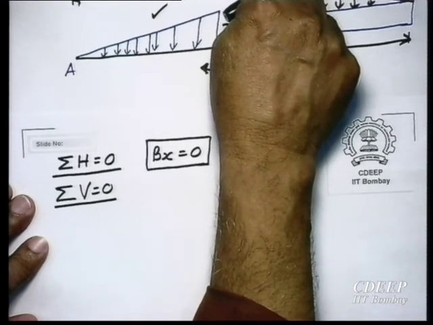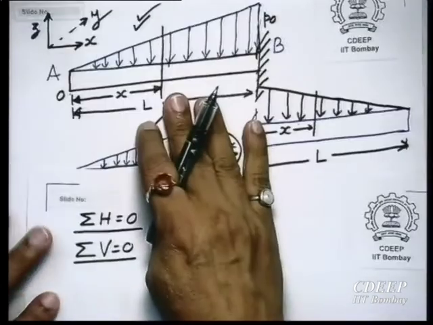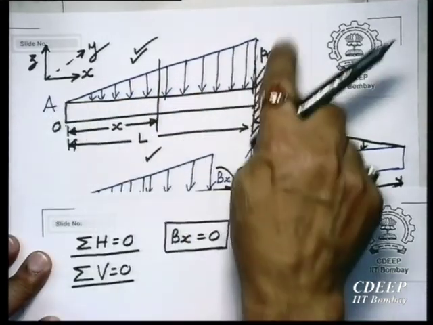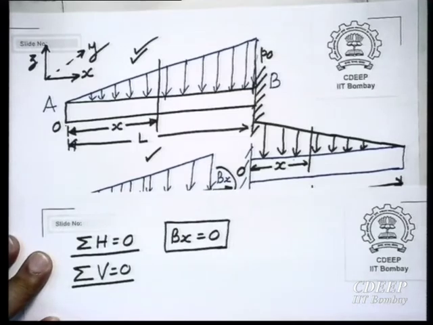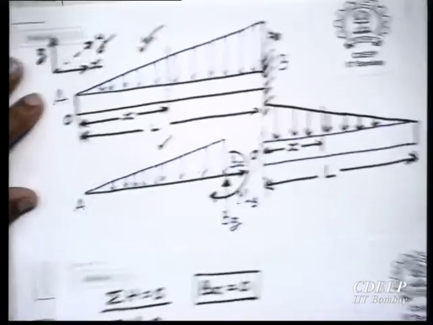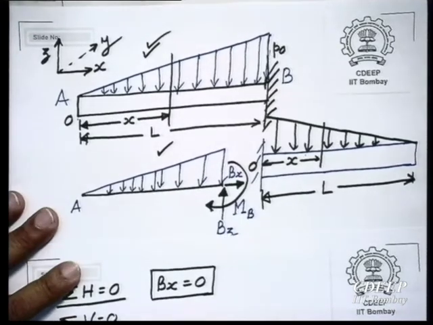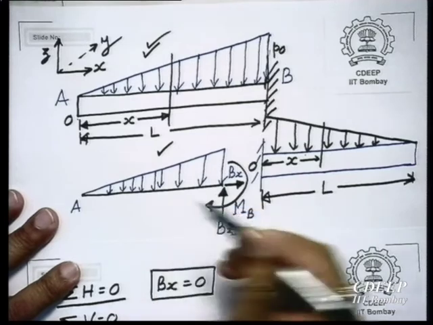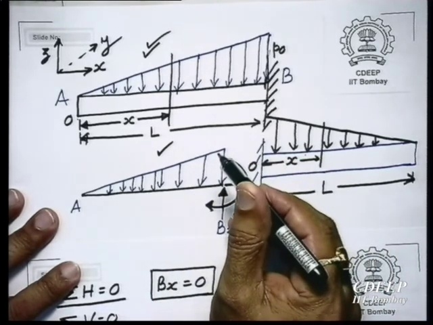Intensity of load here is P naught, varies from 0. So, what is the total equivalent load? You must have done this. P naught L by 2, the area of the triangle.